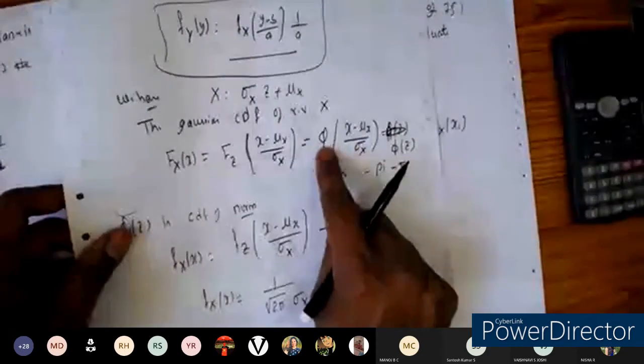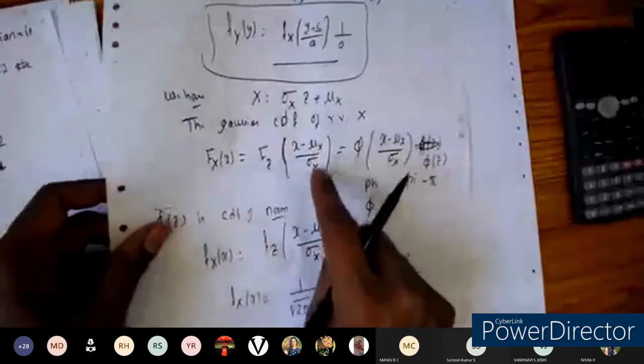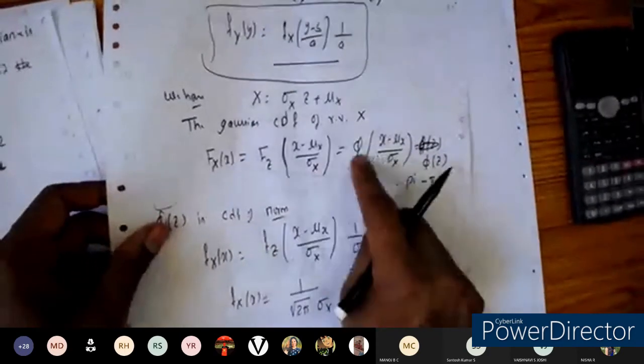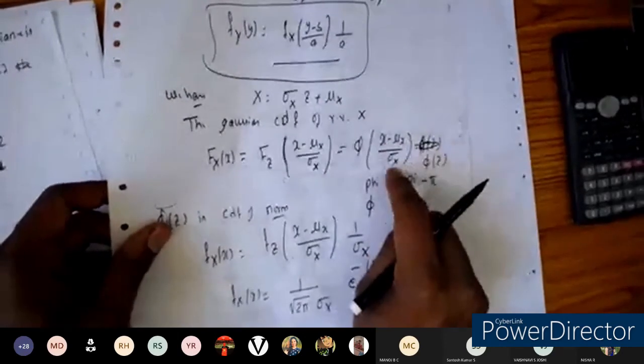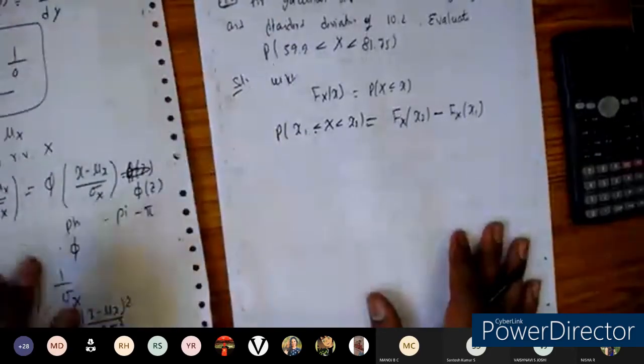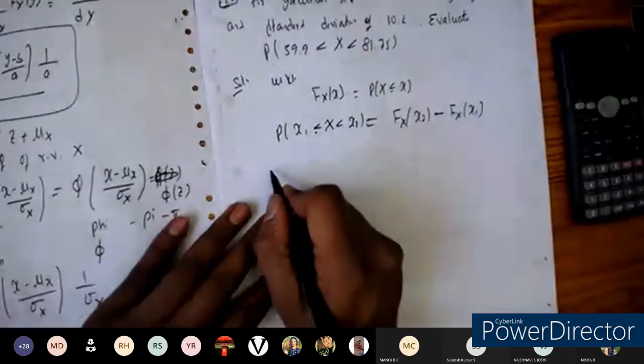From this relationship, if the mean and the standard deviation are given, this can be expressed in terms of the normalized Gaussian random variable as x minus nu x divided by sigma x.